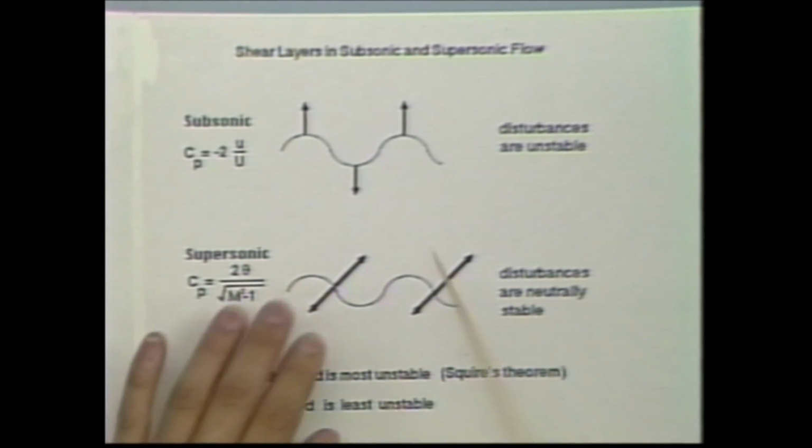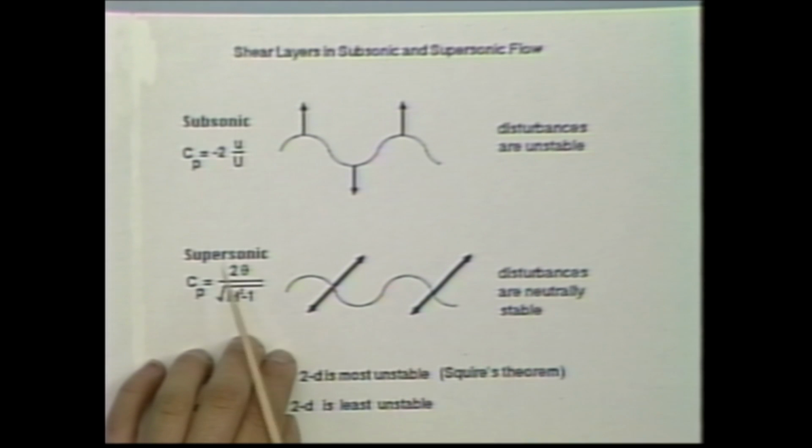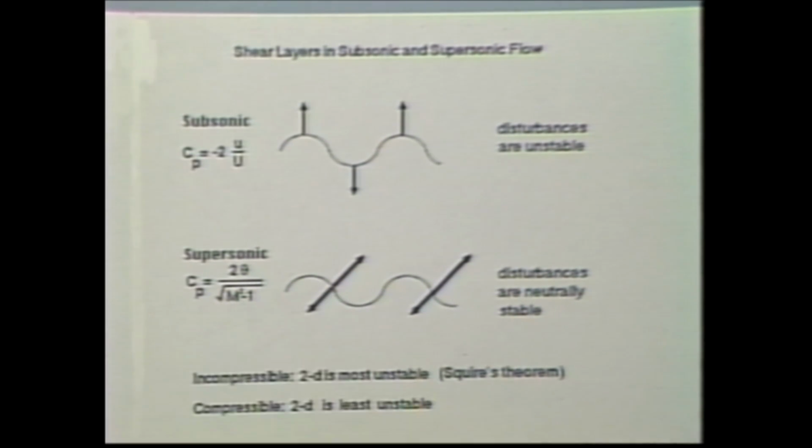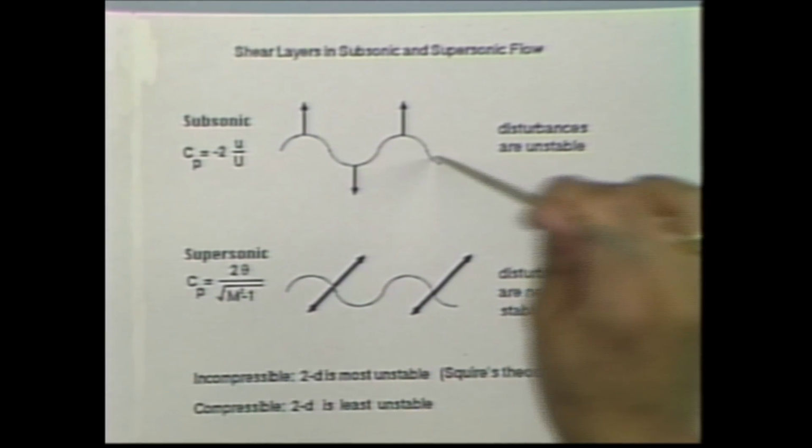And the reason is, if you think about this wavy disturbance moving between two streams, there's always some oblique angle at which you can look at your disturbances between these two streams at which the relative Mach numbers will be subsonic. So in fact, even though the supersonic disturbances are neutrally stable in 2D, in three dimensions there's always going to be some instability for any disturbance. But it's going to be much smaller than for the subsonic flow.